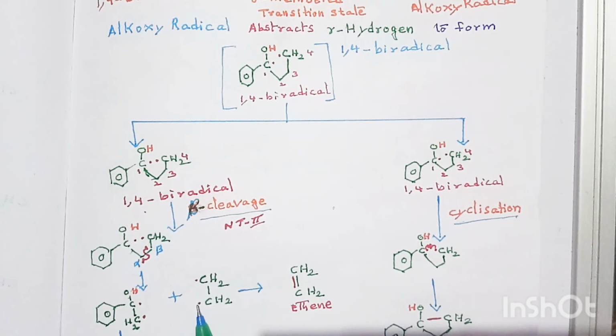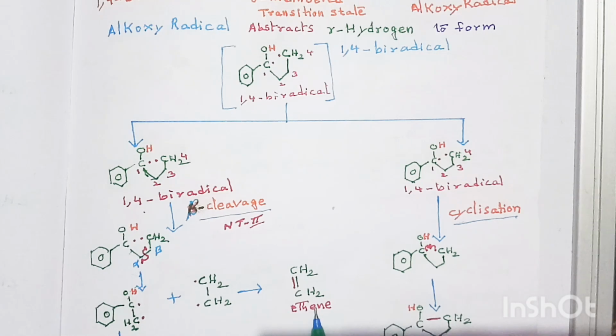This is the beta carbon. So this radical and this radical will join together to form a new bond, which is represented in red. So this gives us CH2 double bond CH2.